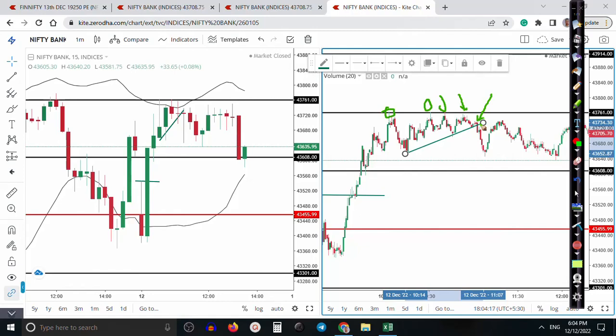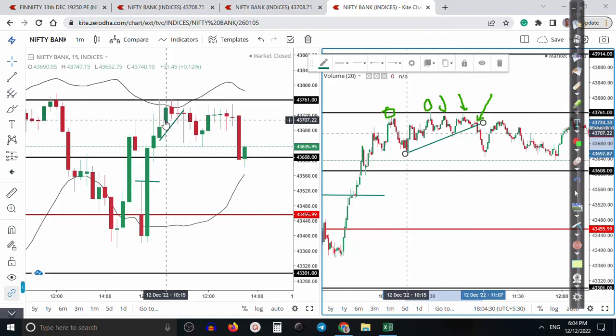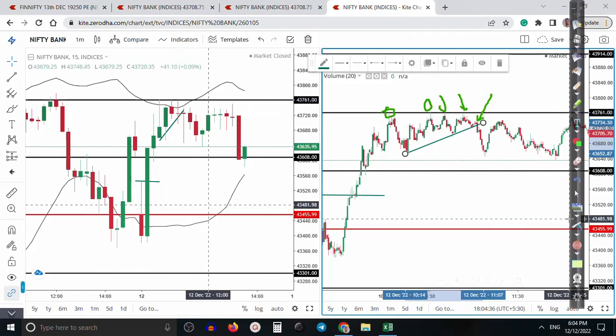So why did we buy? First target: when we achieved it, why were we not able to short in this area? On the left hand side, they were not able to form any bearish candle.